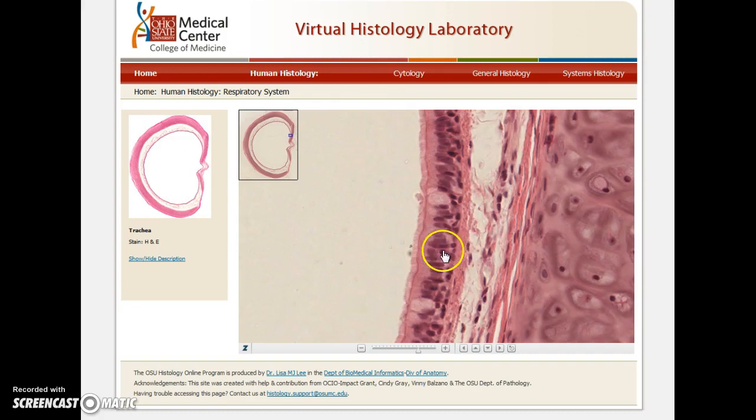And so it looks like there might be several different layers of cells here, but really they all are touching the basement membrane. And so this is pseudostratified ciliated columnar epithelium. And this is a goblet cell, sometimes called a mucus cell, helping produce the mucus that is required for the respiratory system.